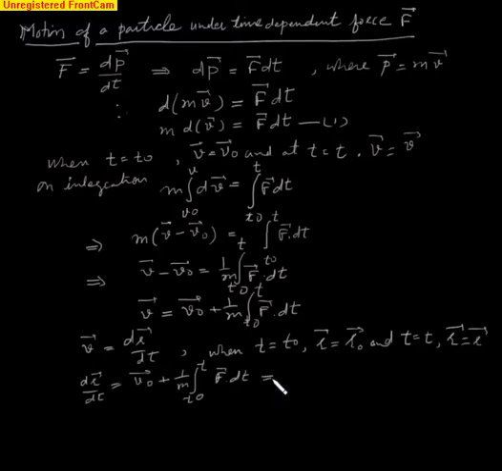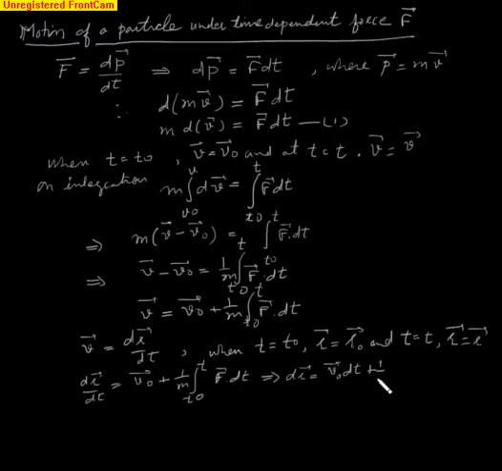Taking this dt to the right hand side, we get dr is equal to v naught times dt. I multiply this dt to the first term, that is v naught, plus 1 over m, because mass is constant I can take it out.